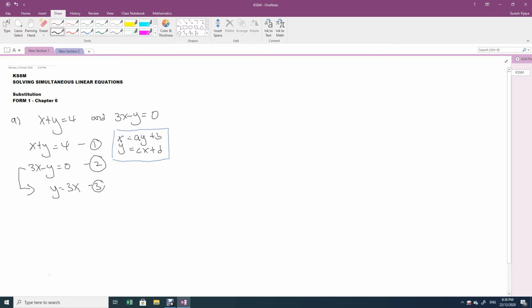So how do we solve? What's the next step? We have to substitute equation 3 into equation 1.